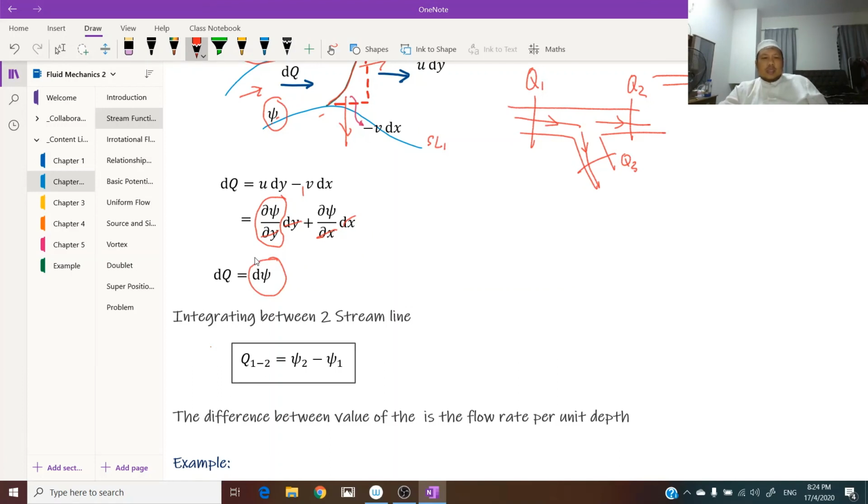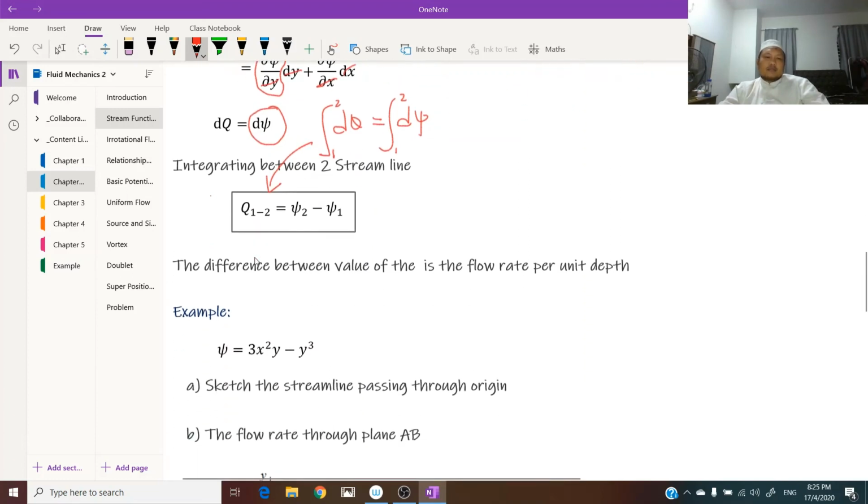So now we can integrate this one. We have dq equal to d psi. Now we integrate this one, bounded from 1 to 2. From 1 to 2 means from streamline 1 to streamline 2. So we have this equation, and if we simplify this one, we get Q12 equals psi 2 minus psi 1.